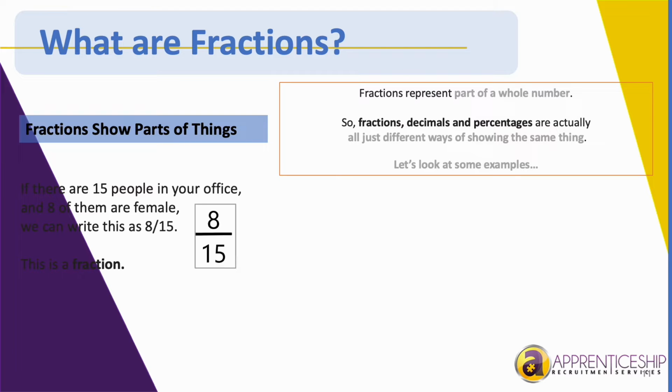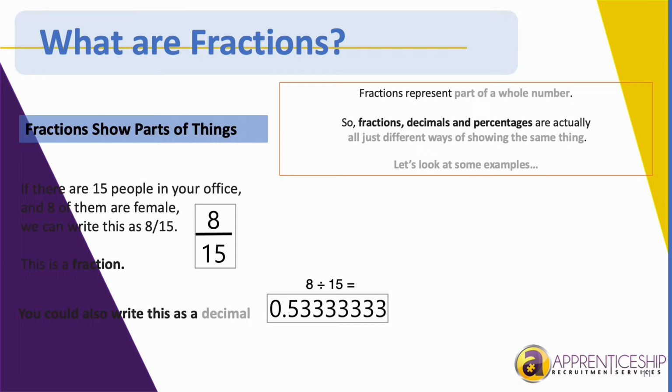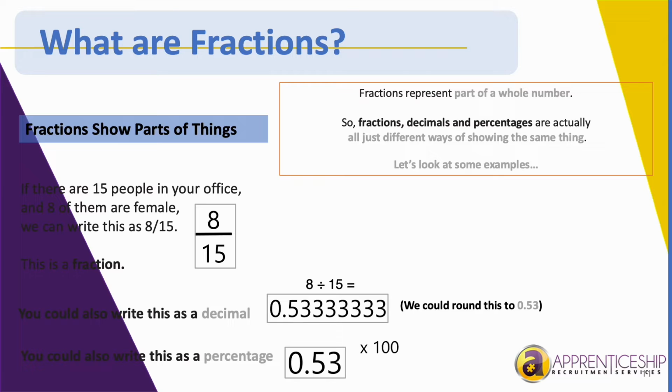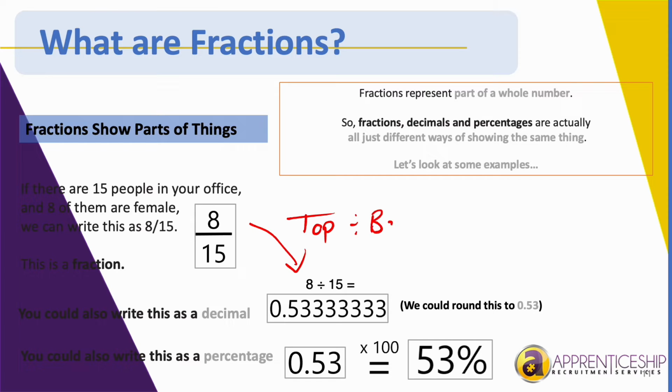Again, 8 over 15: if we did top divided by bottom, we'd end up with 0.53333, and as a percentage, times it by 100, we would get 53%. So fraction to a decimal is the top divided by the bottom number, numerator divided by denominator, which we've done here.